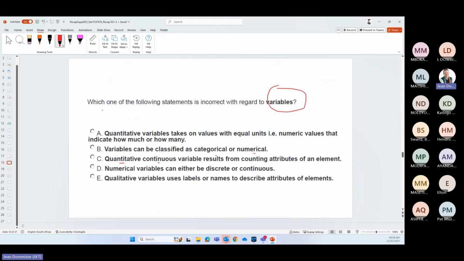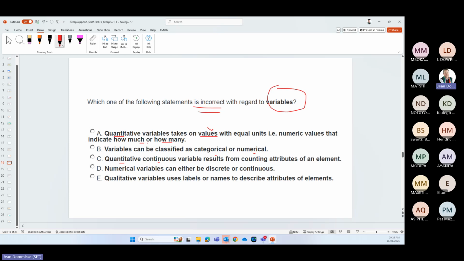So which one of the following statements is incorrect? Quantitative variables take on values, so quantity and value, so that is right, with equal units, examples like numeric values that indicate how much or how many.